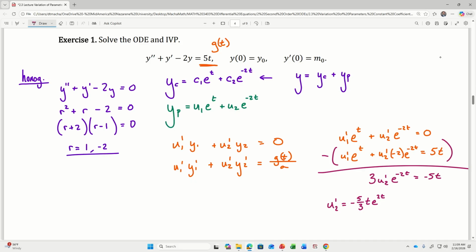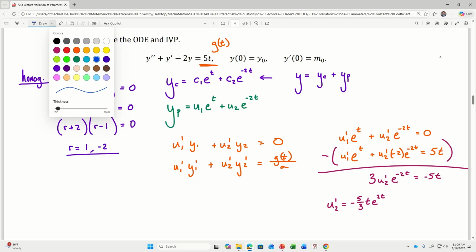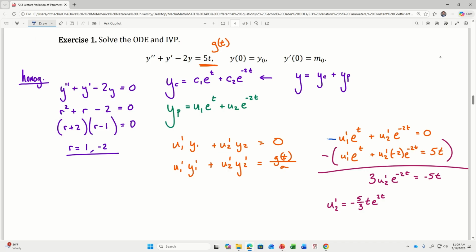So now we have u2 prime. We're eventually going to need to take that antiderivative, but maybe for now, let's take this first equation again, and we will replace u2 prime with negative 5/3 t e to the 2t and see what we get. I'm going to have, from the first equation, u1 prime e to the t plus, and keep in mind that I'm multiplying this u2 prime times e to the negative 2t.